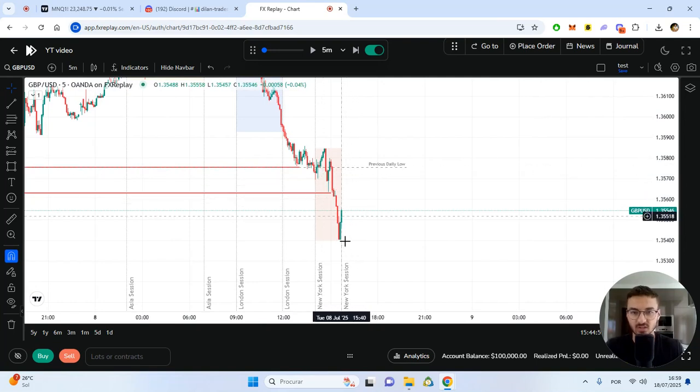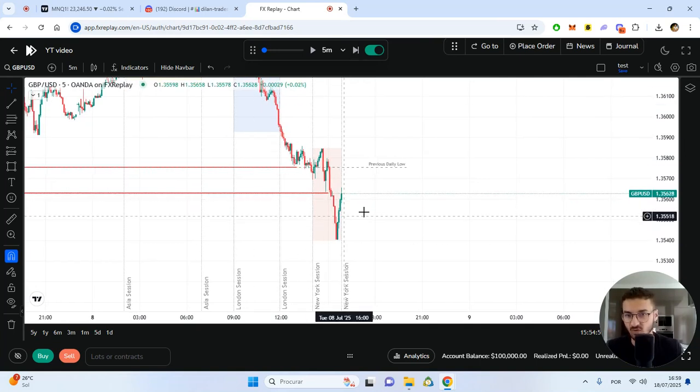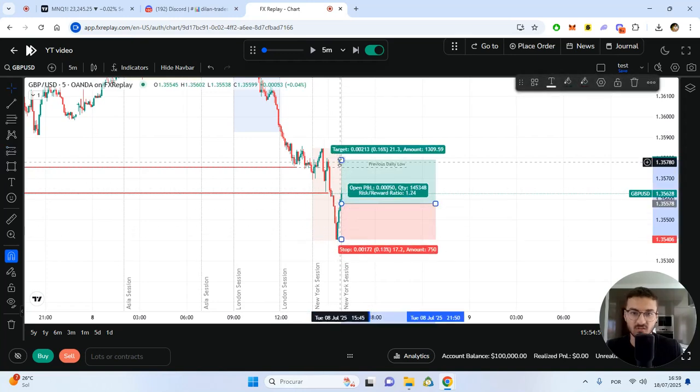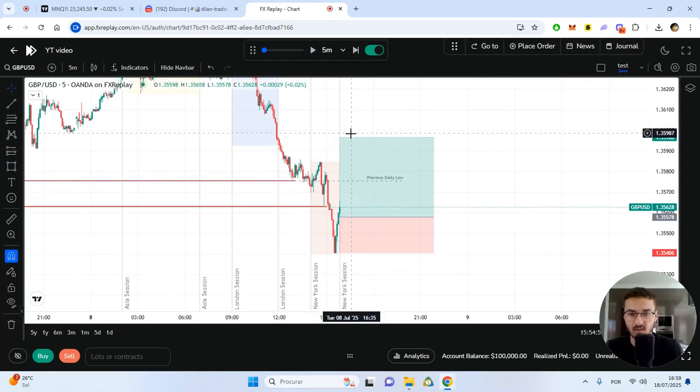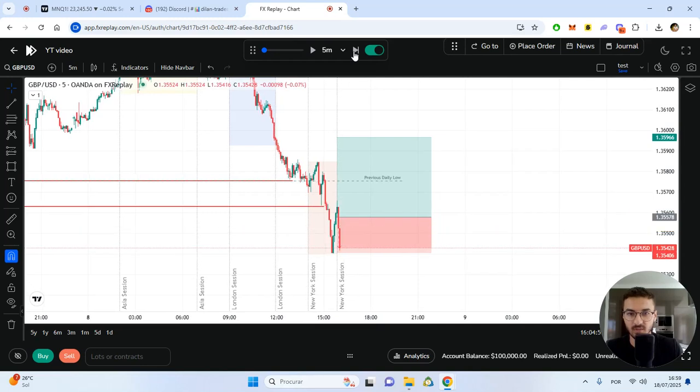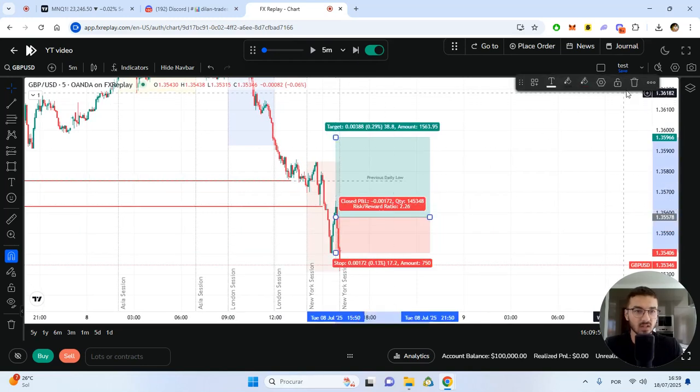The SMC traders saw this sweep of liquidity, so the smart ones, at least the ones that zoom out, right now they're looking to go long, potentially right here, as this is giving off some reaction from this low, and they're trying to anticipate the retracement, right? We're going to 4 p.m. timing in UTC+1. It's a good timing, and then they got liquidated.